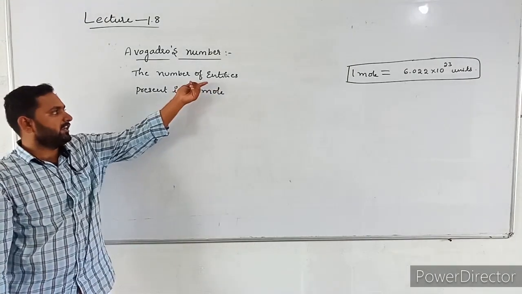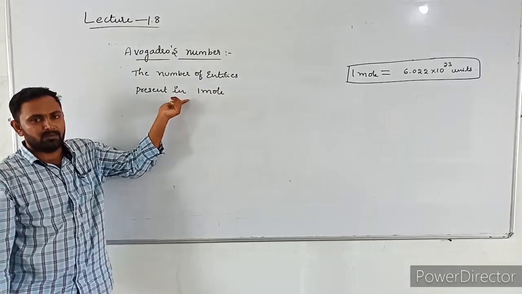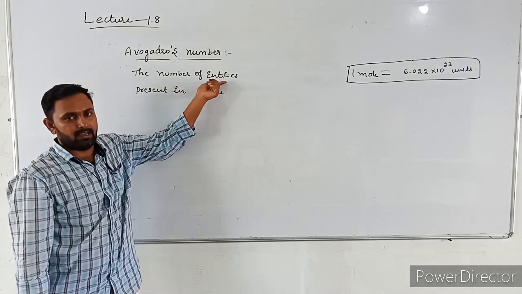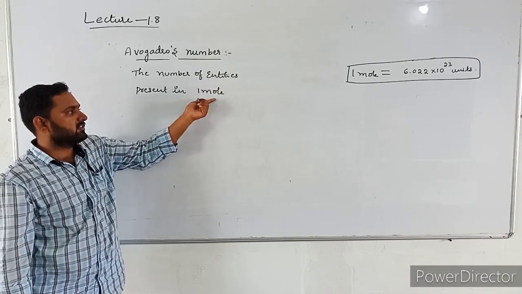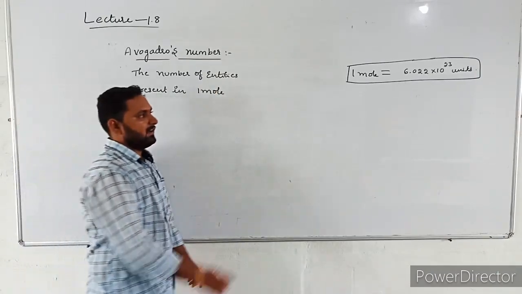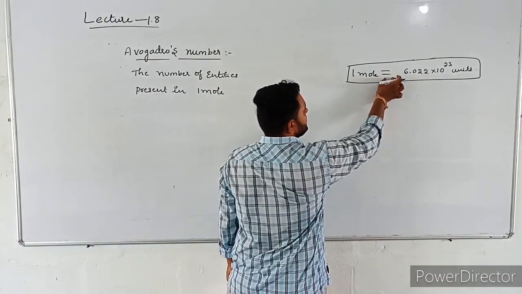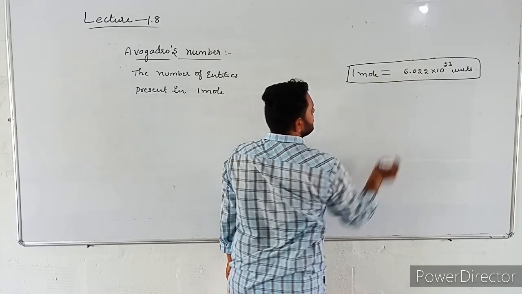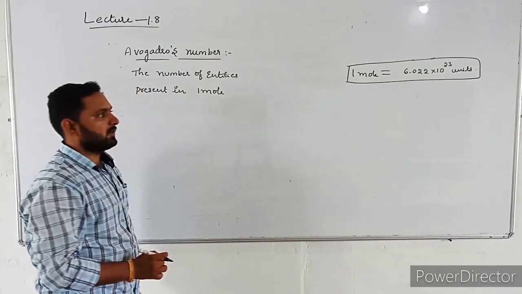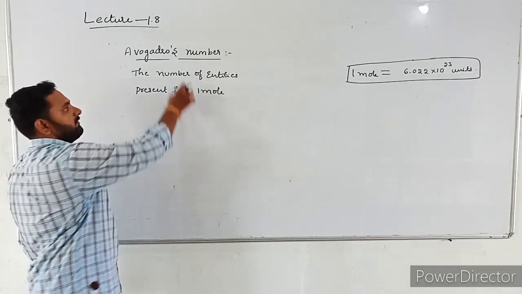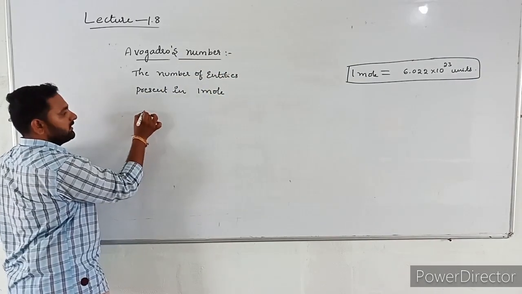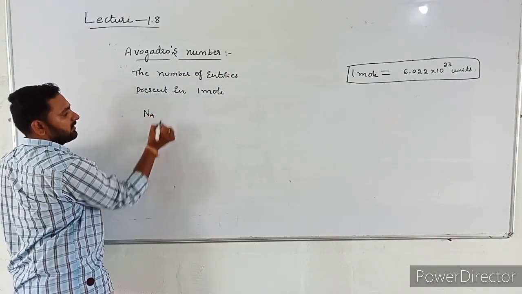Now tell me how many entities are present in 1 mole. Entities means particles. How many particles are present in 1 mole? We have already discussed it. 1 mole is equal to how many units? 6.022 into 10 power 23 units. Avogadro number is denoted by capital N A.